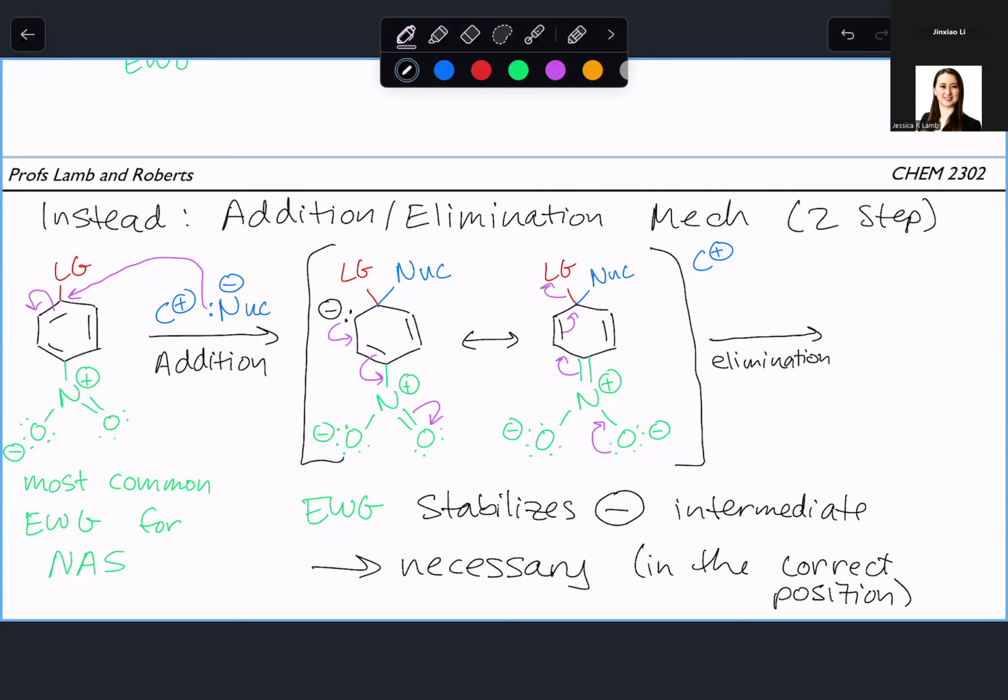So again, you could draw every single resonance structure on your way back, but we often don't, because it just pushes all that electron density back up. Now our nucleophile is the one that's still attached to the ring. Our nitro group is back to how it was when we first started the reaction. So overall neutral, though it still has charges. And our byproduct is this counter ion with our leaving group.